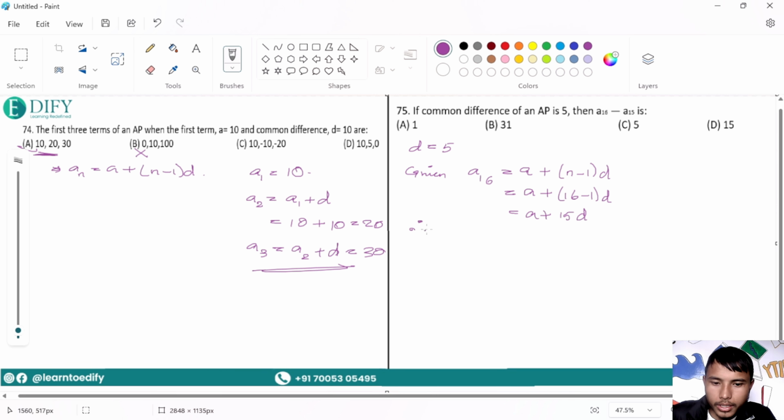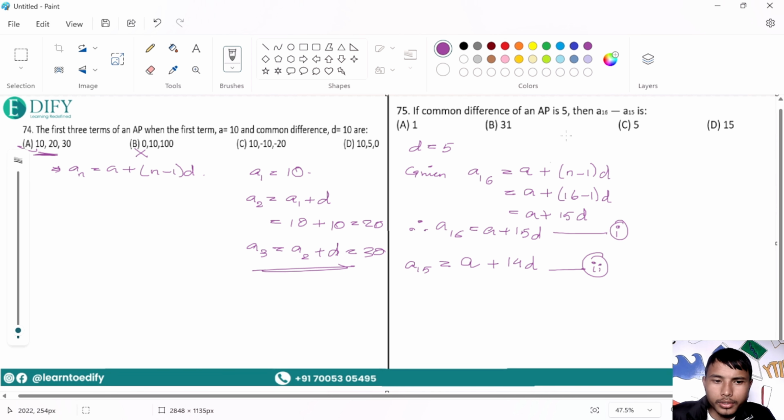Therefore A 16th is equal to A plus 15D. This is the first equation. Similarly, the second equation: A of 15 is A plus 14D.